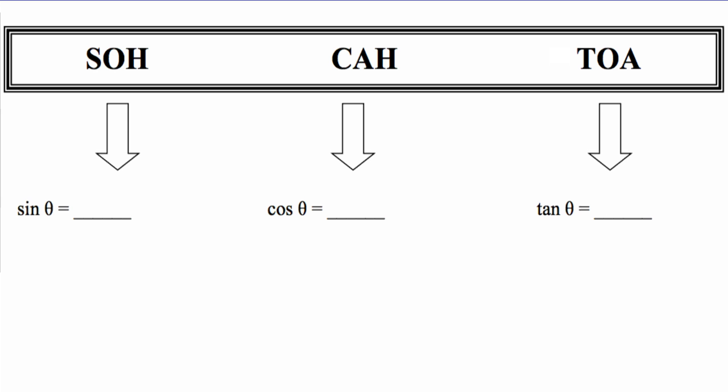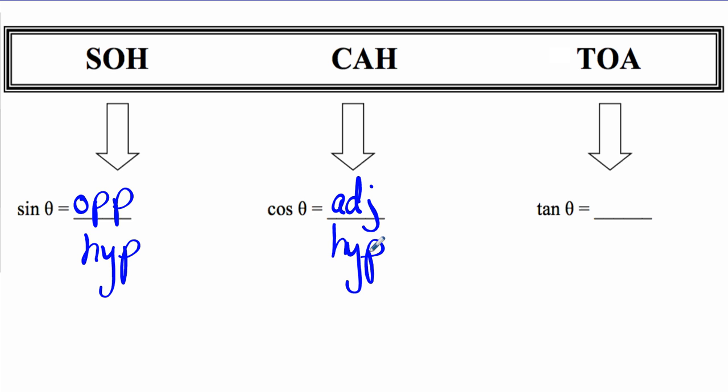Okay, so a reminder, if you haven't heard SOHCAHTOA before: sine is opposite over hypotenuse. Cosine of an angle is the adjacent over the hypotenuse. And tangent of an angle is opposite over adjacent.